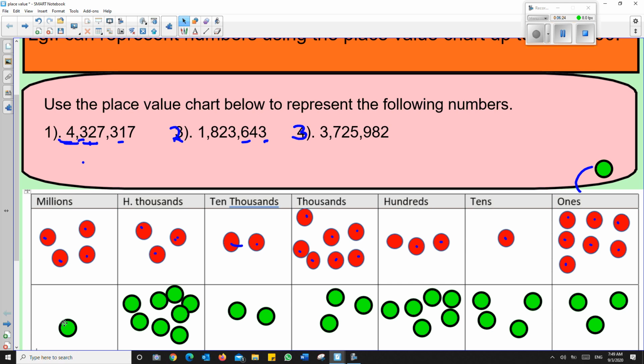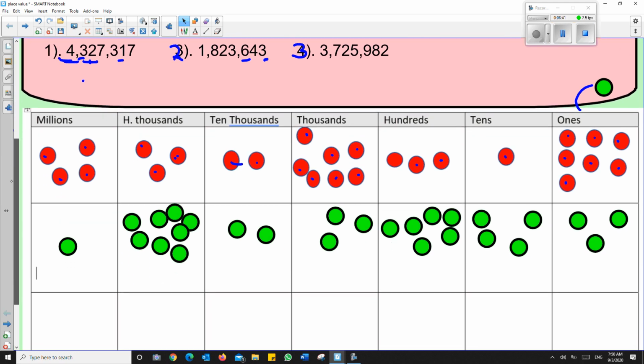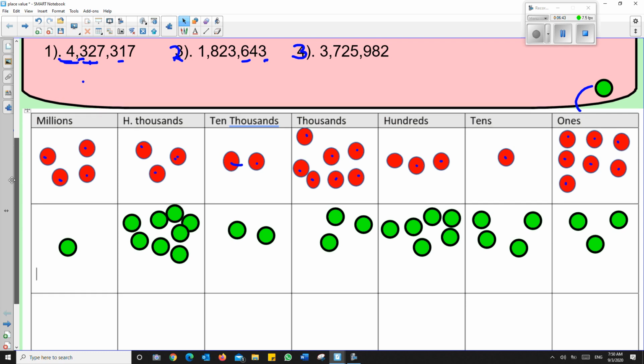Number 3 is 3,725,982. So start with the ones column.